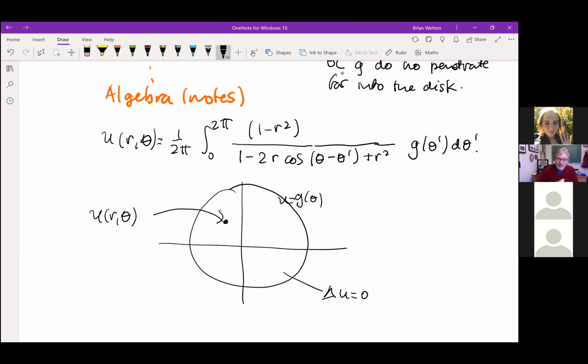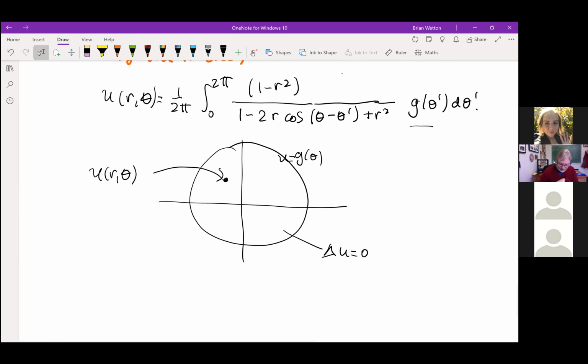And so what you can see is u of r and theta depends on g of theta prime at all theta prime.